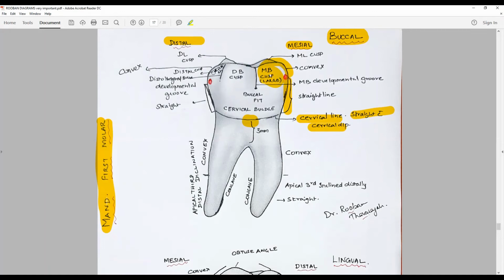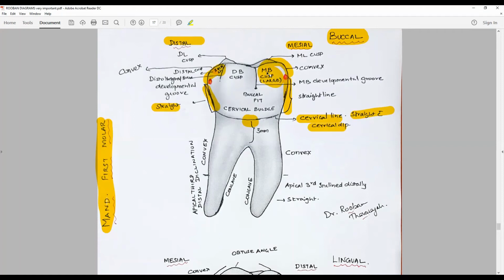Then you see the third, the distal cusp, which is the smallest of them. It forms till the contact area, slightly around the middle third, then forms a straight line. So it is a straight line, convex, mesiobuccal cusp, distobuccal cusp, distal cusp, then straight line.